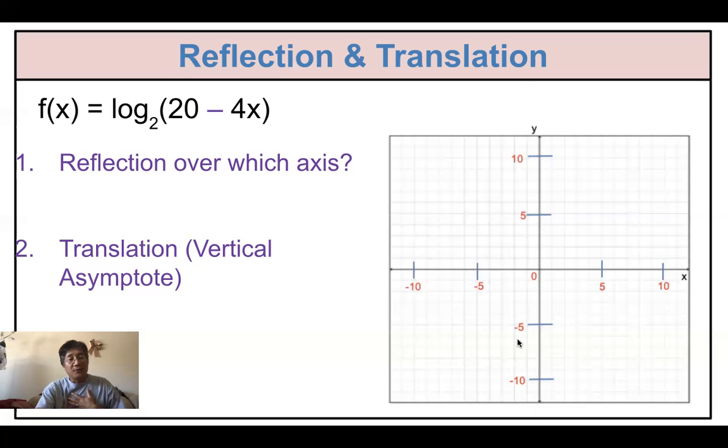Y-axis, right? So the graph will look like this. And then we translate it. There's no translation for y, up or down, only here. So how do you know? You set this equal to 0 and solve for x. That's the translation rule. You set 20 minus 4x equal to 0 and solve for x. That's the translation for the x part, horizontal.